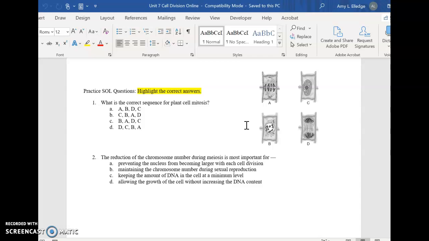After prophase comes metaphase. They don't actually have a picture of metaphase here, but they do have the next step, anaphase, where they're being pulled apart. So there's anaphase, and then telophase. In plant cells, you form a cell plate, which is what you see forming right there, which will turn into a cell wall, and you'd actually have two cells at that point. All right, so B should be your answer.